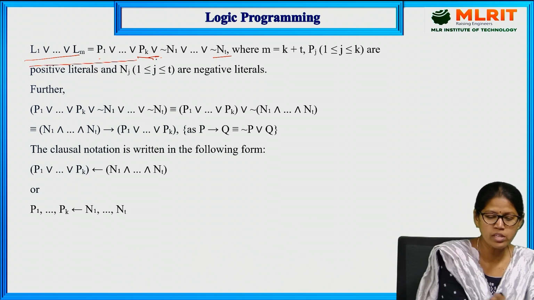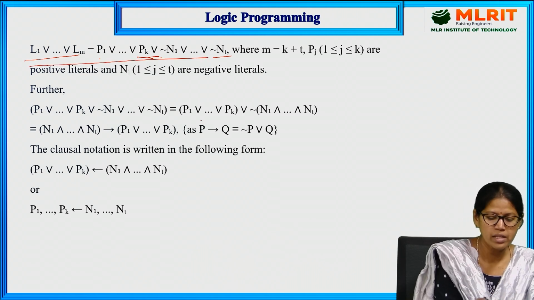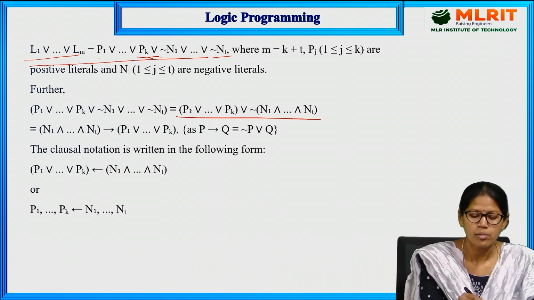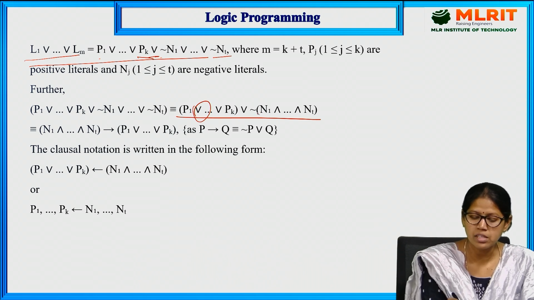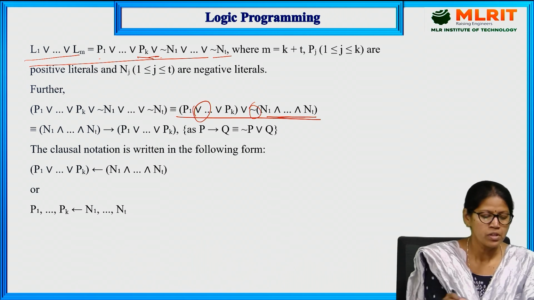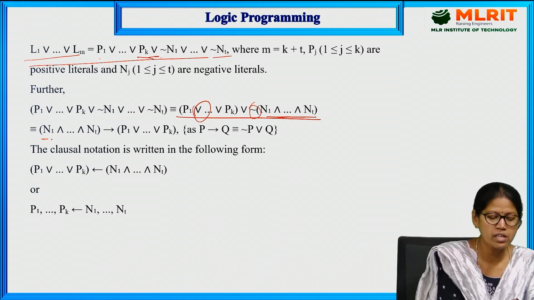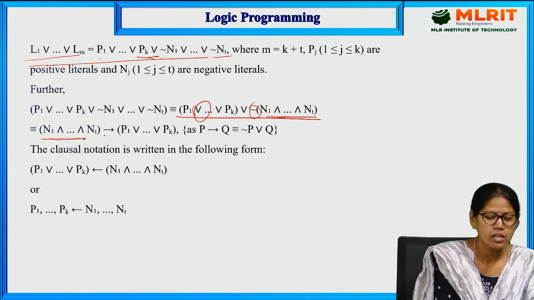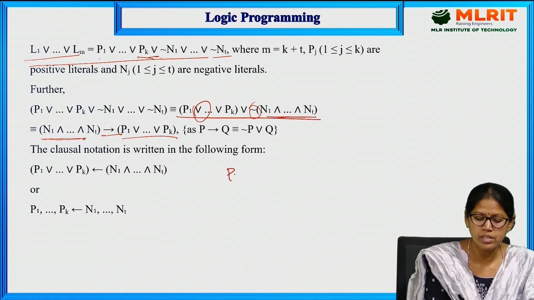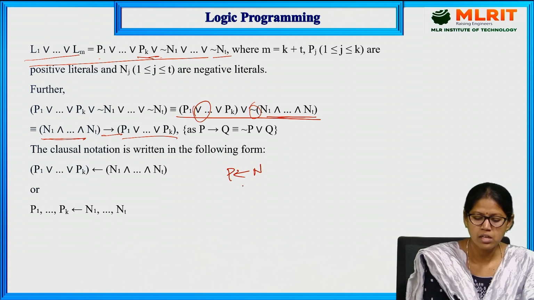The same we can rewrite by taking the negation outside: positive literals first using the disjunction symbol, then taking the negation symbol out and writing the conjunction symbol inside the negative literals. So we can write negative literals implied by positive literals.